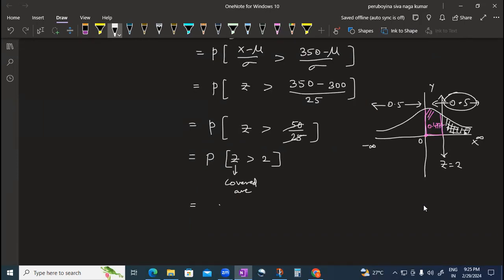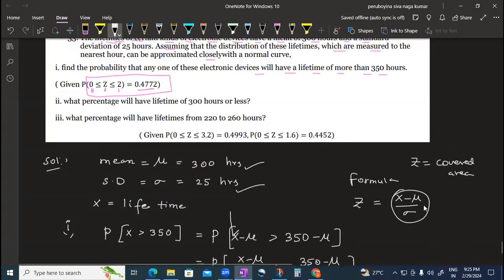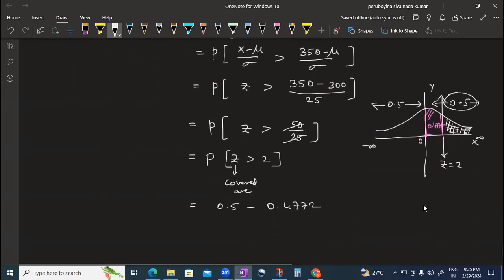In this half part of 0.5, we don't want this value. So if you subtract 0.4772, which was given, from 0.5, what is left is the shaded portion, which is required for us. We will do that subtraction.